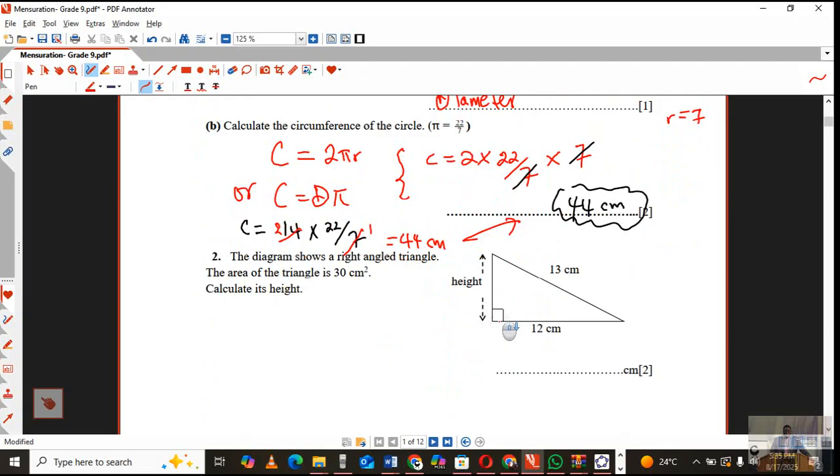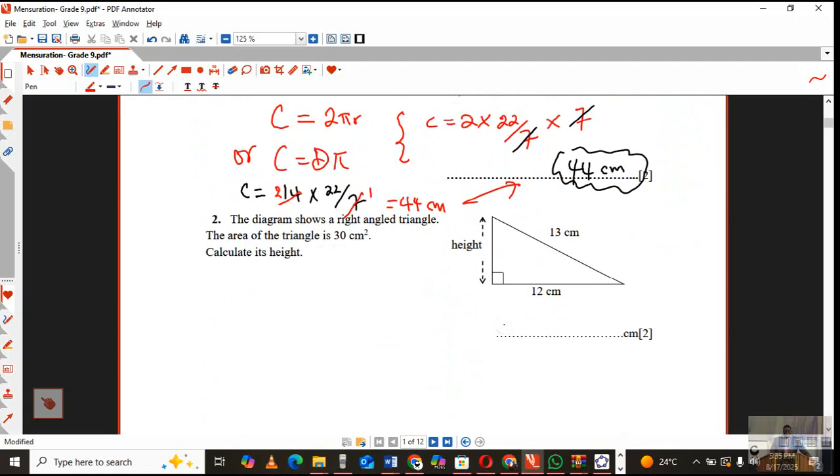Right, let's go to the second question. The diagram shows a right angle triangle. The area of the triangle is given as 30 square centimeters. Calculate the height. Now, what you need to know is the area of a triangle is a half times the base times the height. So a half times the base can be 12.